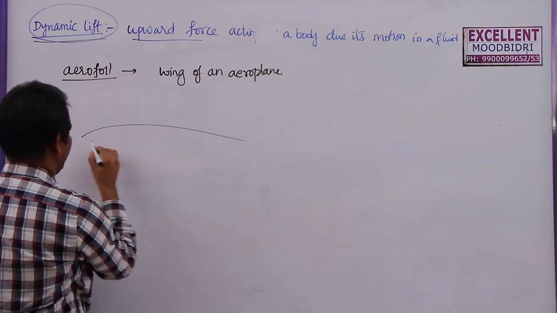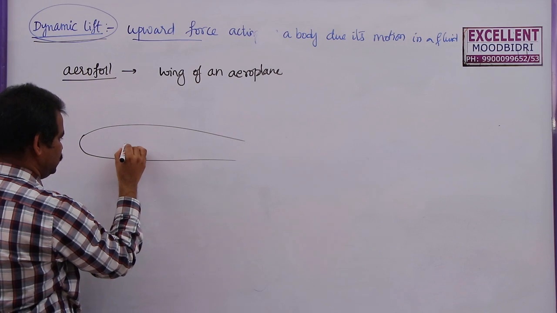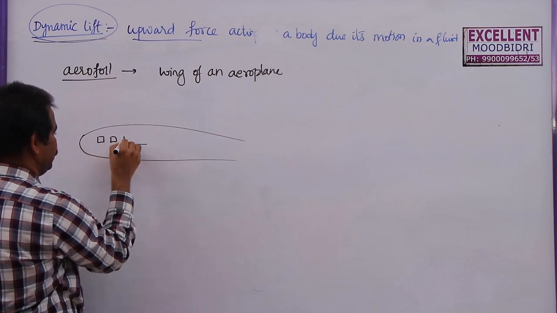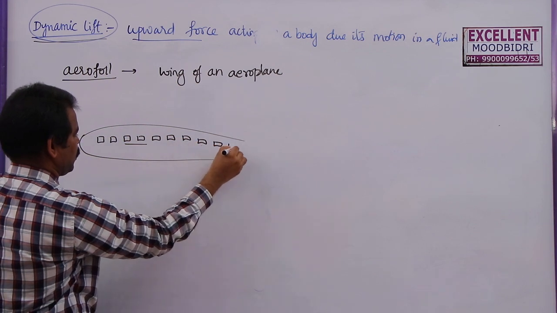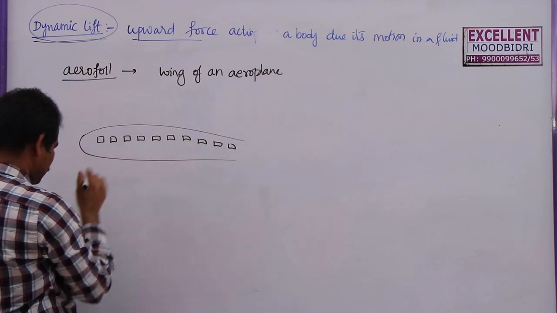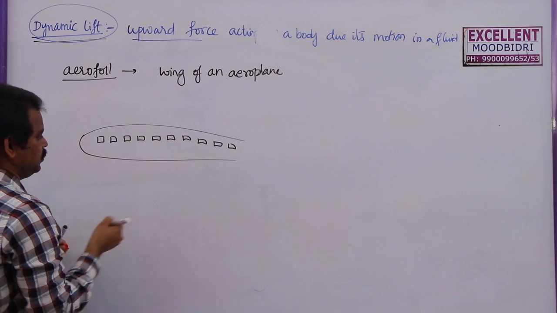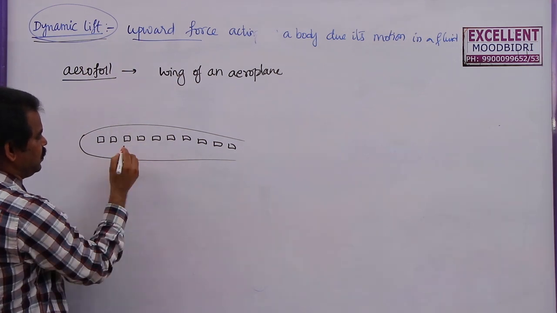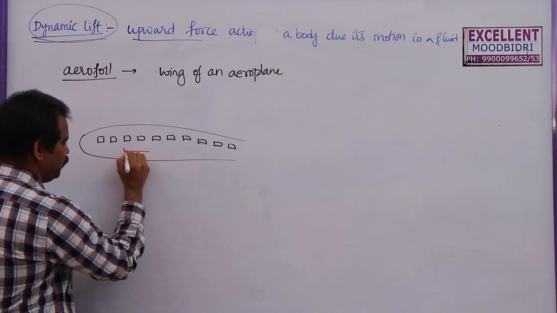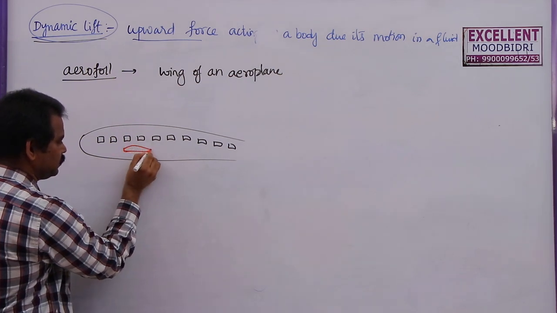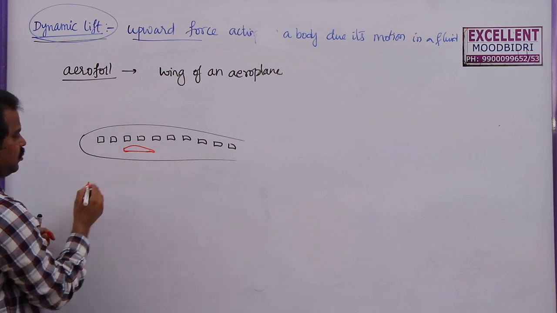Generally, if you take the aeroplane, this is the cross section, side view of the aeroplane. Here you can see the wing of the aeroplane. It will have two wings on both sides. On that side I am not going to draw, but on this side, the shape of the wing will be like this. This is the cross section.